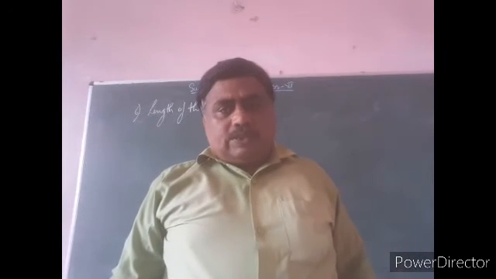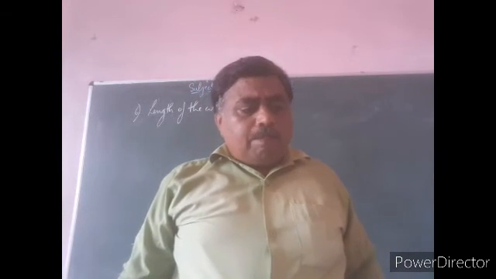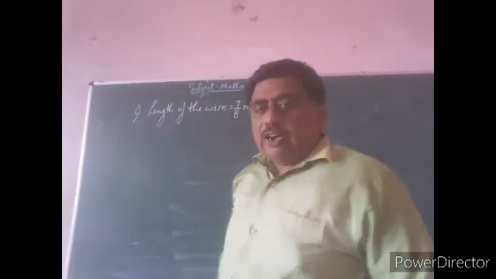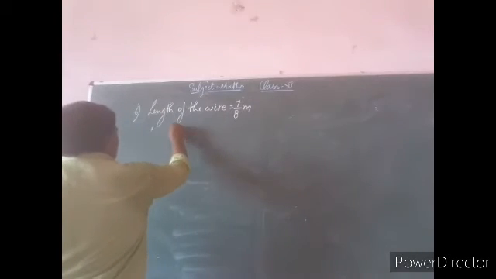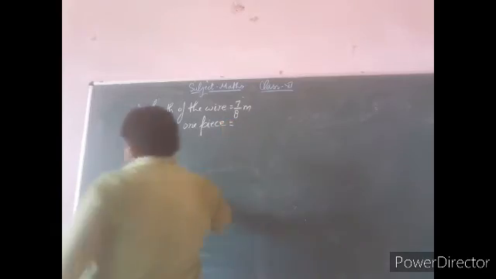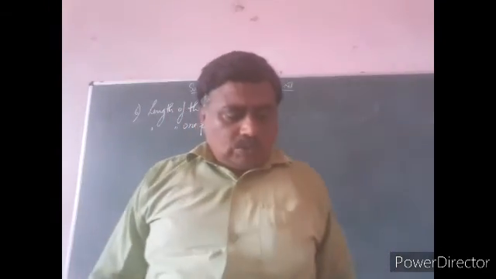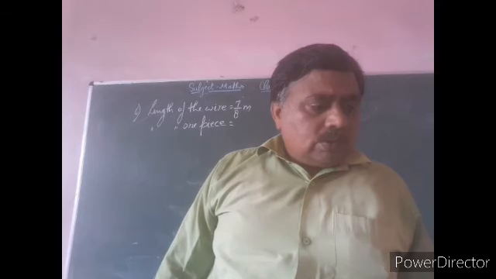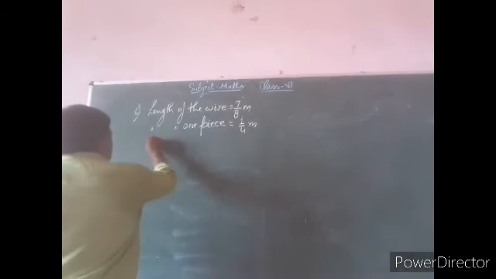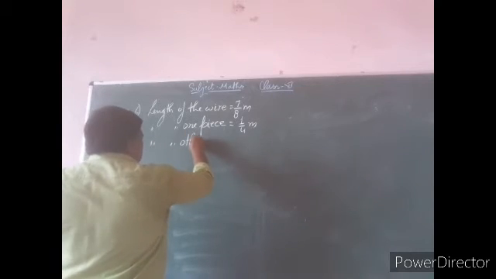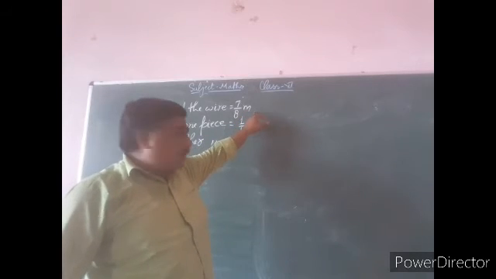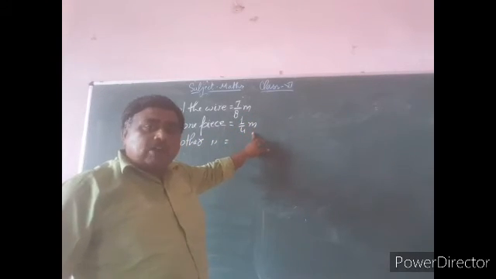Broke into 2 pieces. One piece was 1/8 meter long. So length of one piece is 1/4 meters. So length of the other piece, it is from the whole part subtract this length of one piece.